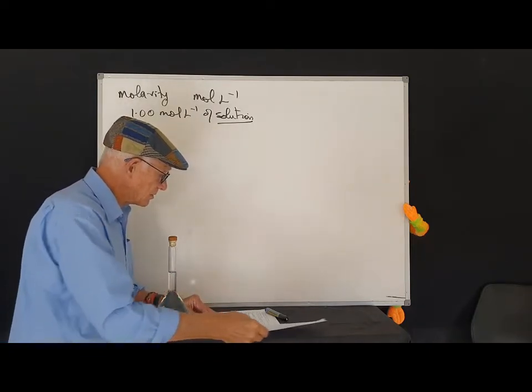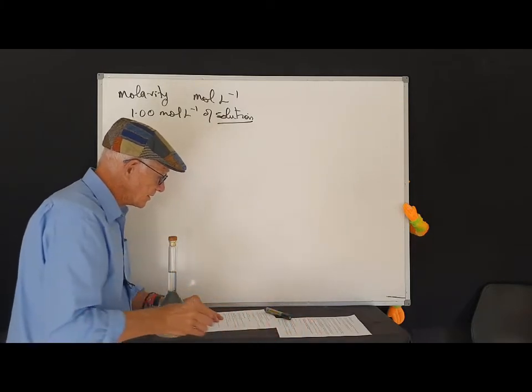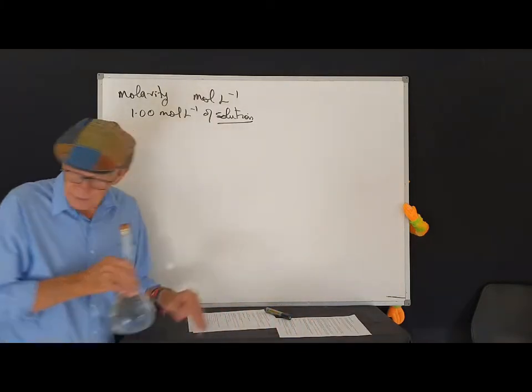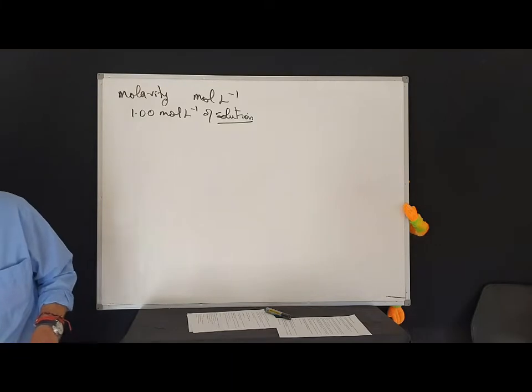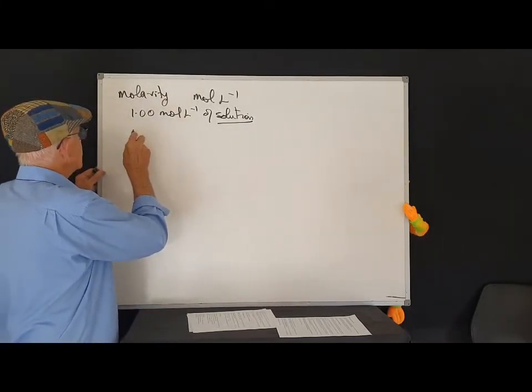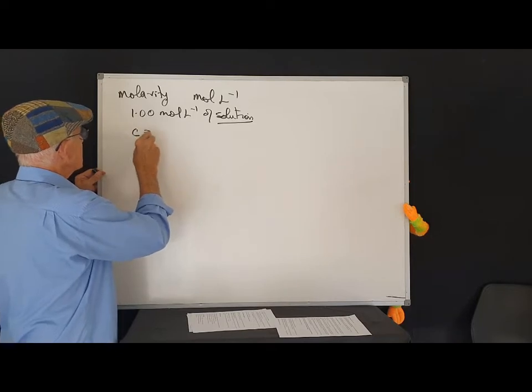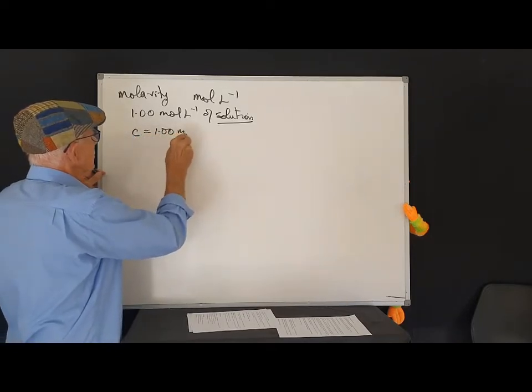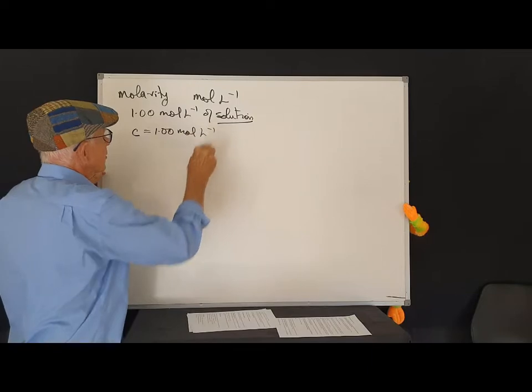Now, we can write that as: the concentration is 1.00 moles per litre.